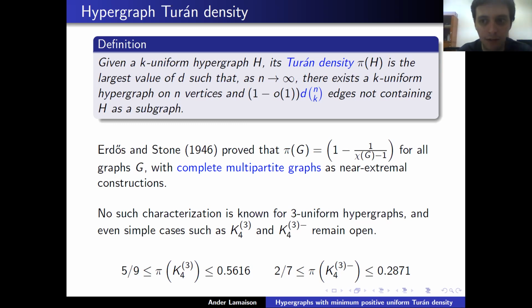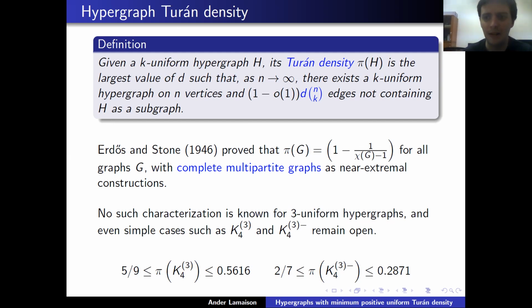But one thing that I want to mention about both these constructions and about the complete multipartite graphs is that in these constructions, the edges are very much not well distributed. In the case of complete multipartite graphs, you have very large independent sets, of linear size. So can we somehow avoid that?